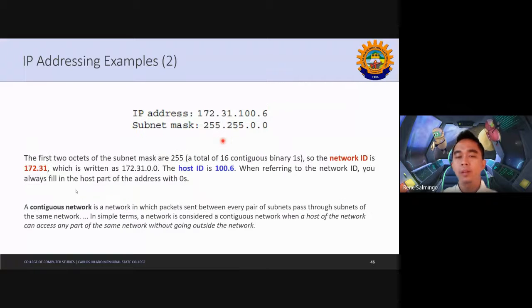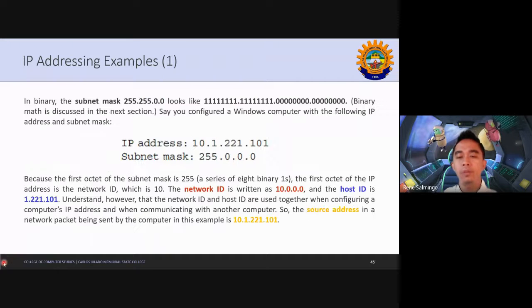This answer is only valid for class A. In class B, you will consider the first two octets as your network ID, and the host ID will be this. For your class C, you are going to have the first 3 octets as your network ID, and this would be your host ID. Later we'll have a few examples of this.